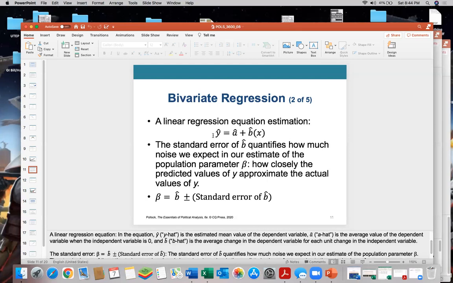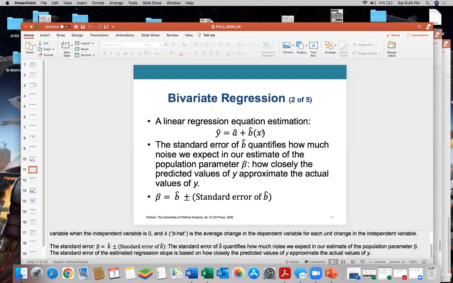Okay, so sorry, I was wrong. It's opposite. So these are the estimates. The y hat is the estimated mean value of the dependent variable. The a hat is the average value of the dependent variable when the independent variable is 0. B hat is the average change, or slope, in the dependent variable per unit change in the independent variable. So a is still your y-intercept, basically.